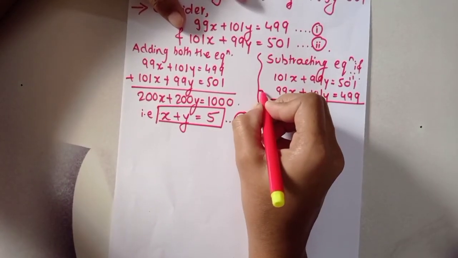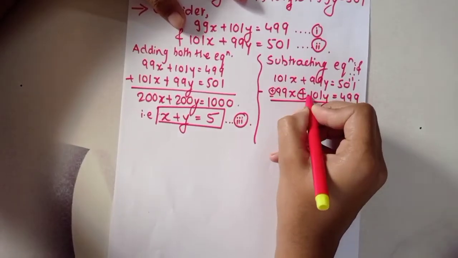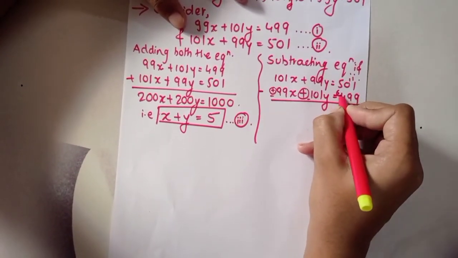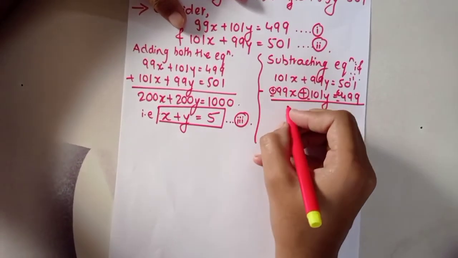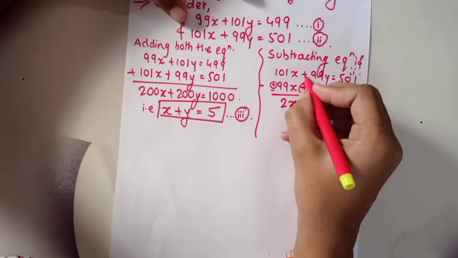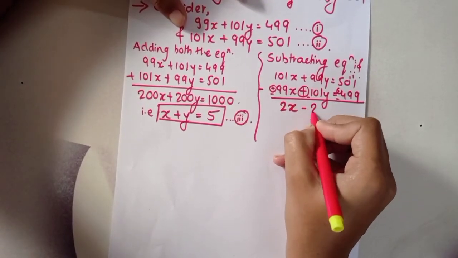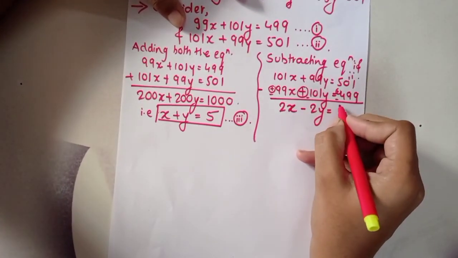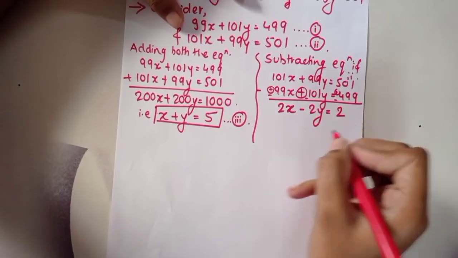Here a minus sign is there, therefore we have to change the signs. Plus becomes minus, plus becomes minus, and plus becomes minus. 101x minus 99x is 2x, plus 99y minus 101y is minus 2y, is equal to 501 minus 499, which is 2.